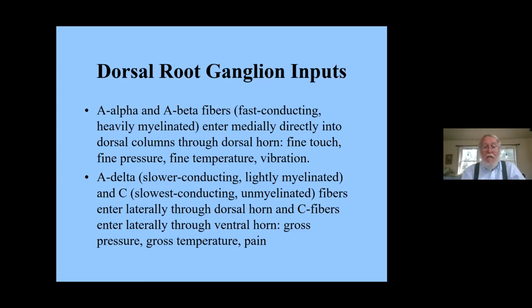In addition, C fibers can enter laterally through the ventral horn. The A delta fibers are usually involved in gross pressure, gross temperature, gross type of touch. And then the A deltas and Cs are also very much involved in pain.